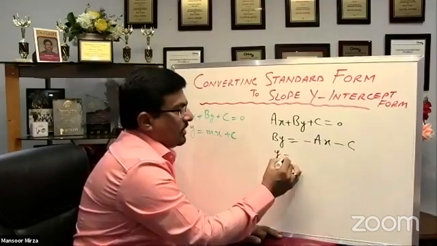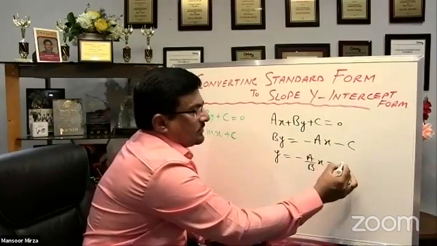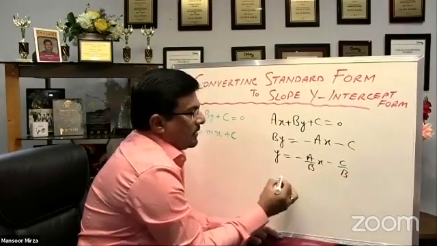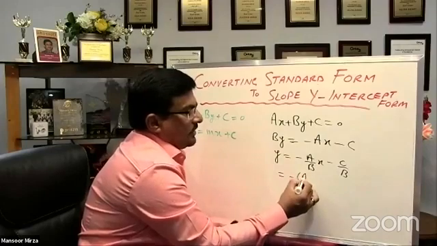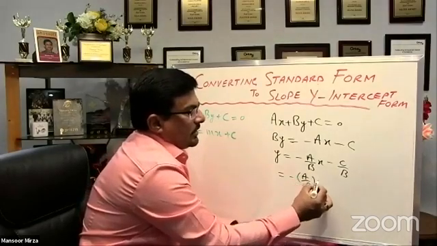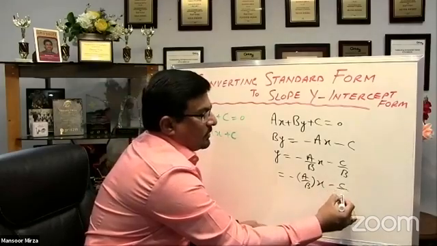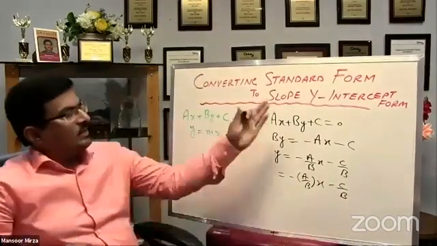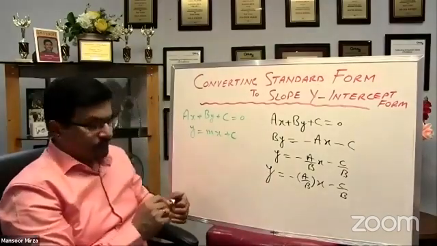Then I get y is equal to minus a over b x minus c over b, or I can write a minus sign outside and say minus a over b x, and then minus c over b. So that is now the y-intercept form.